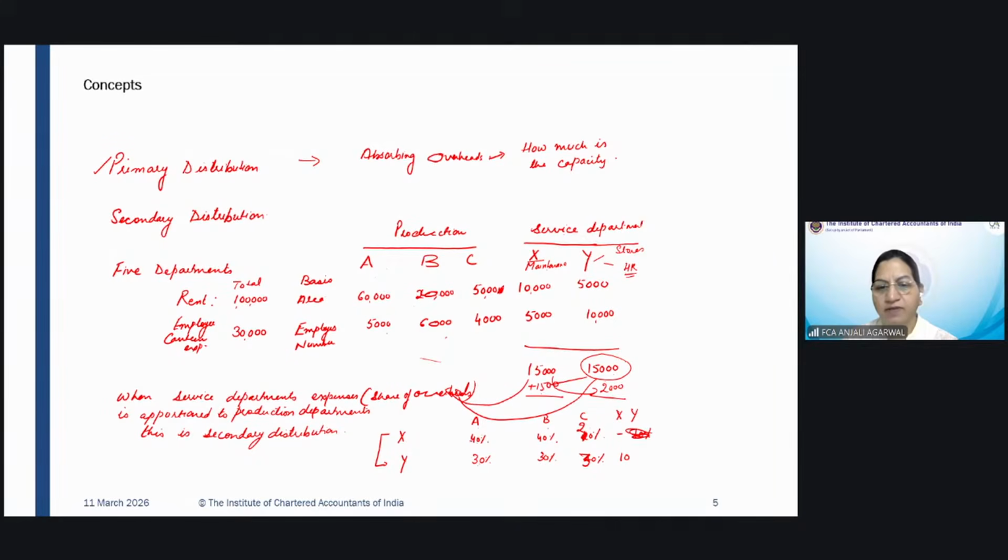So 16,500 will be distributed amongst A, B, C in the ratio of 40, 40, and 20.